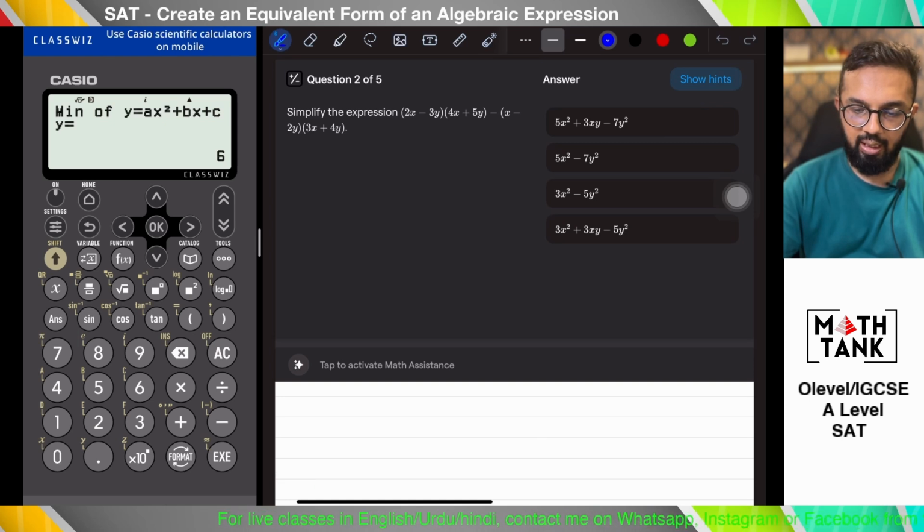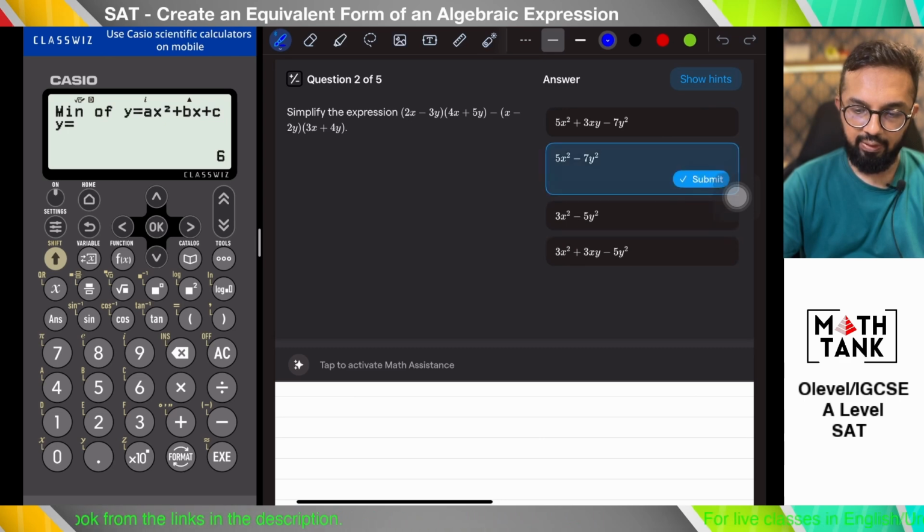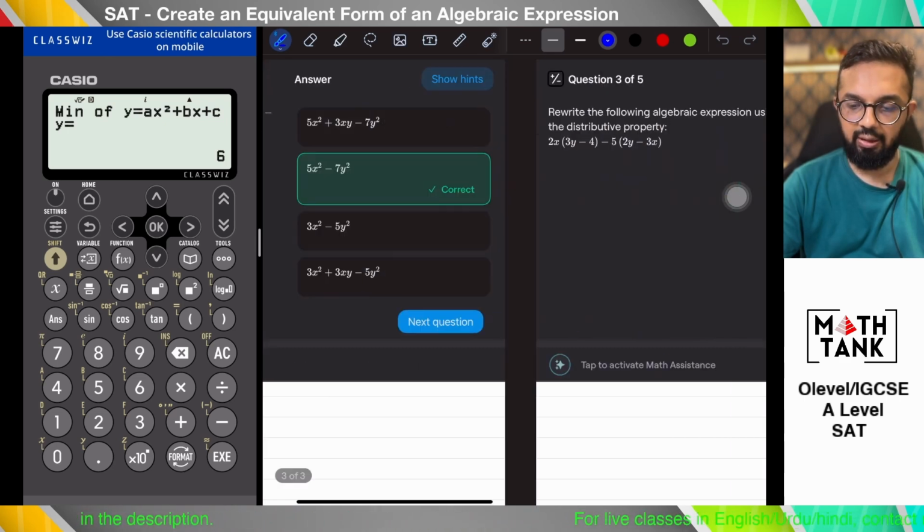Then this one actually broke down to, now I don't remember, so I'm going to just do this mentally quickly. I get 8x squared minus 3x squared. That's 5x squared. Okay, that was the correct answer.